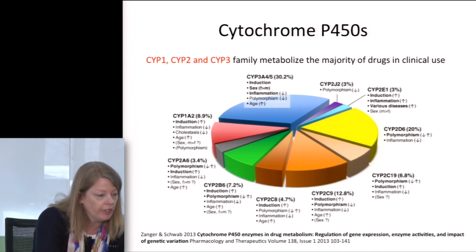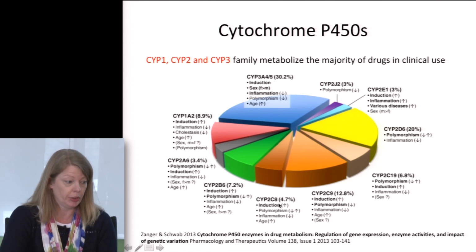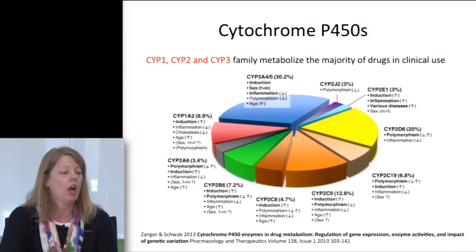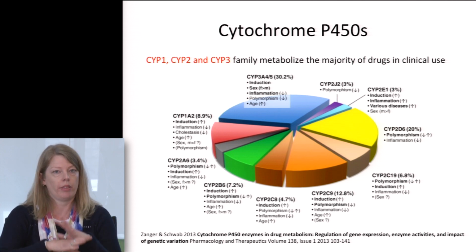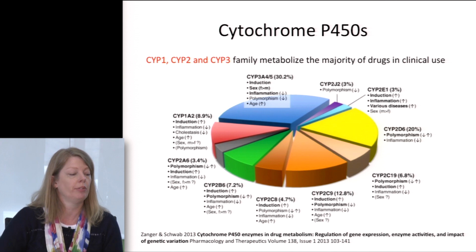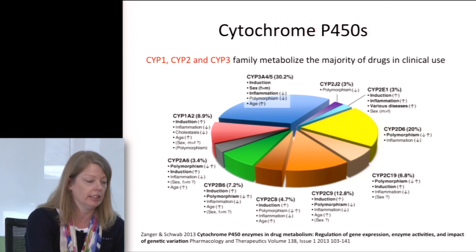The 2J2, 1A1, and 1B1 families are mainly expressed outside of the liver.